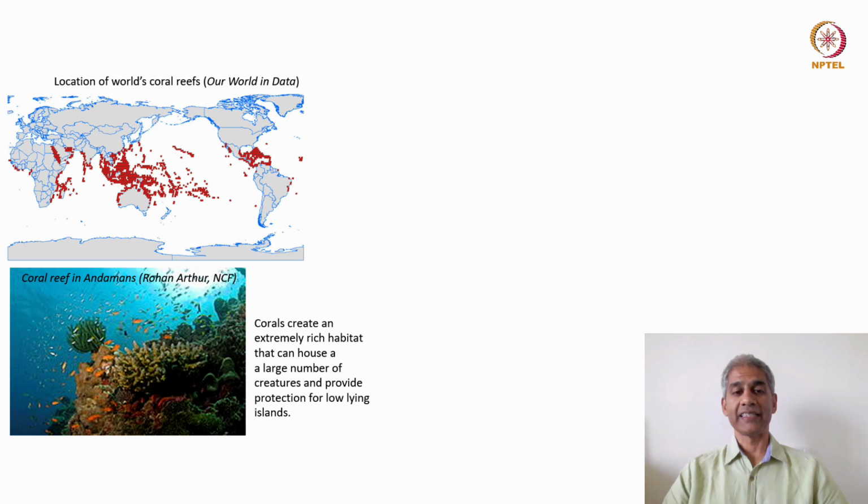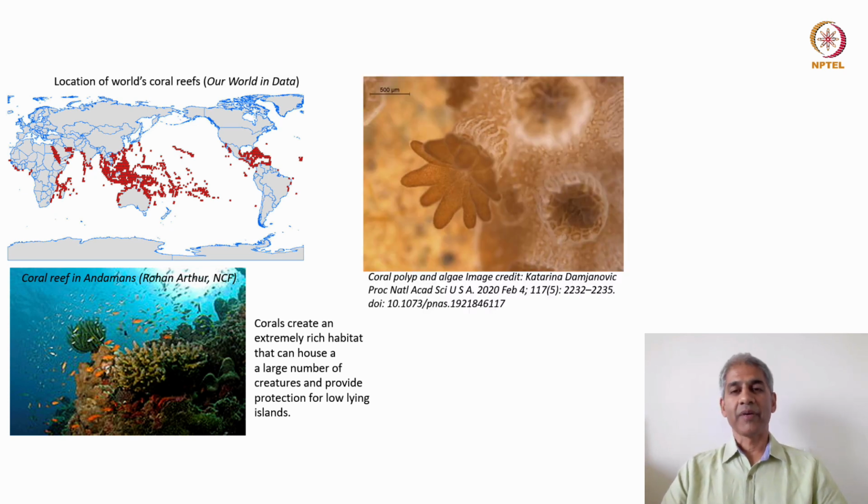And the other thing is that they create a physical barrier and provide protection against sea ingress or inundation for very low-lying islands. Corals are marine invertebrates and they grow as polyps, and they have a very hard exoskeleton which is made up of calcium carbonate.